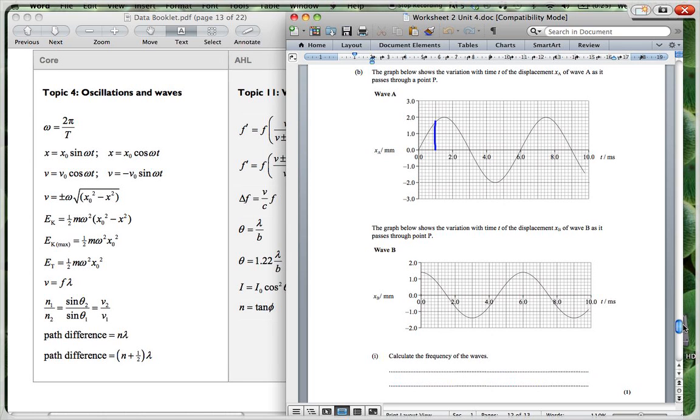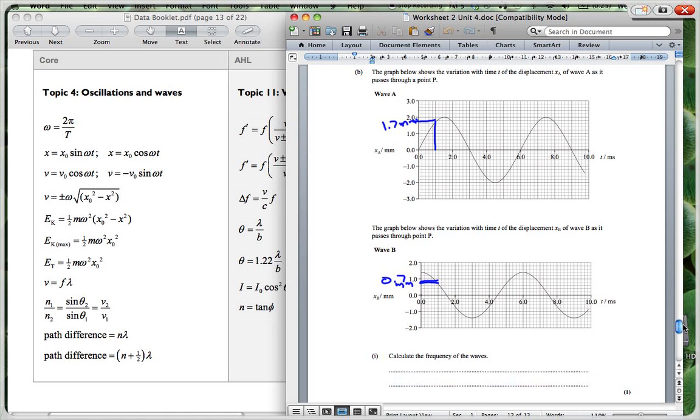So for this at 1 millisecond, I'm over there. You can see that our height, now just be careful with this, we've got 5 little small divisions, so each of these is 2, so I'm about 1.7 millimeters there. And here at 1 millisecond I'm over there, about 0.7 millimeters.